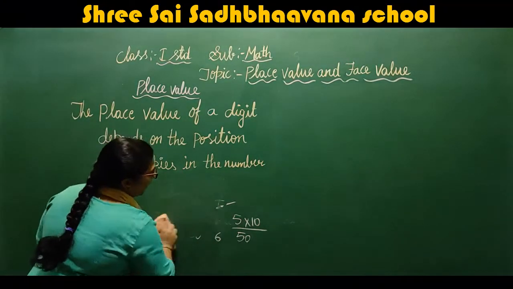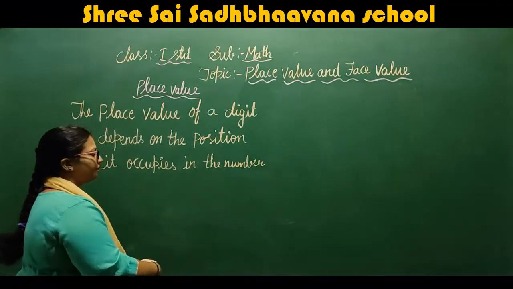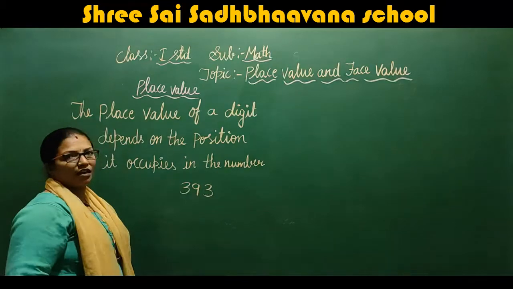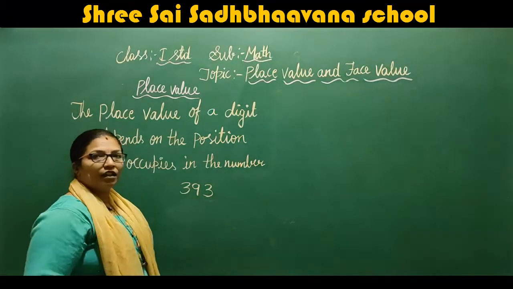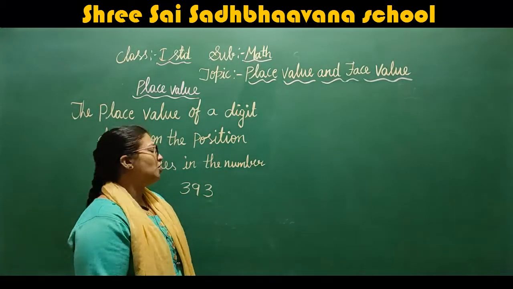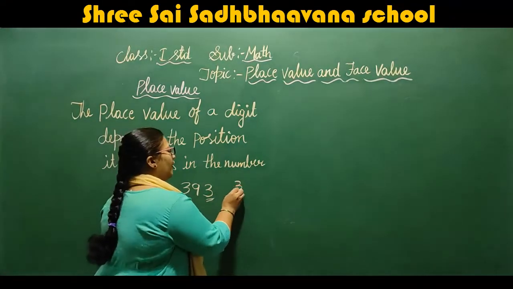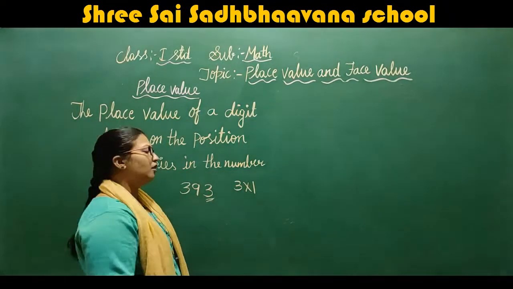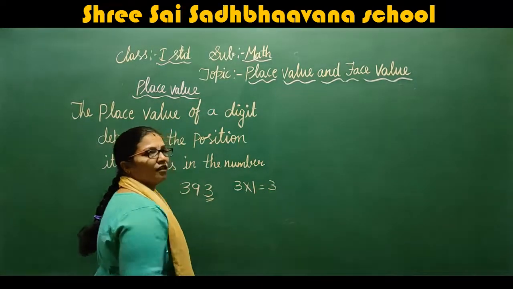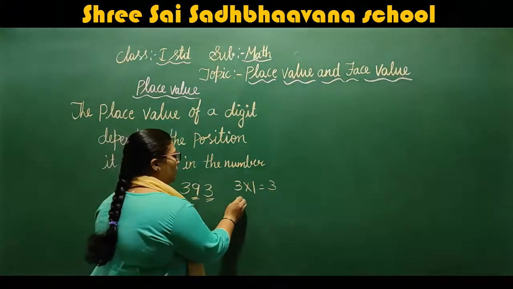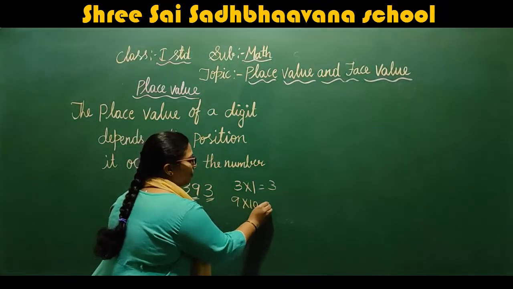So in three digit numbers, now 393. How many digits are here? 3 digit numbers. So what is the place value of 3? 3 into 1, 3 itself. So what is the place value of 9? 9 into 10.